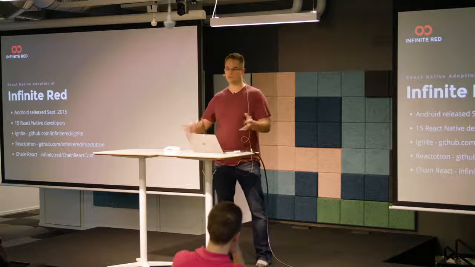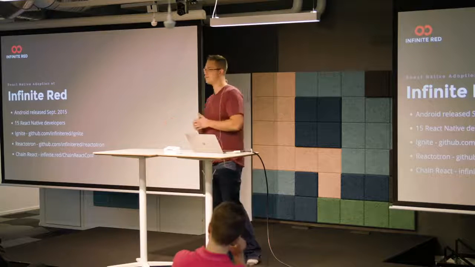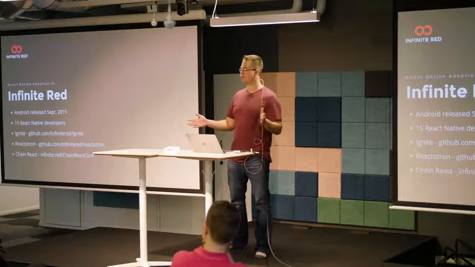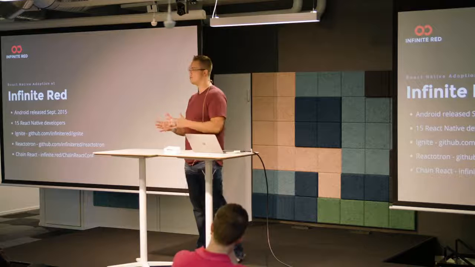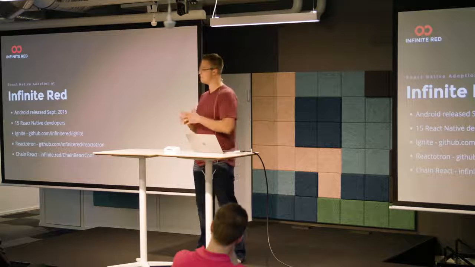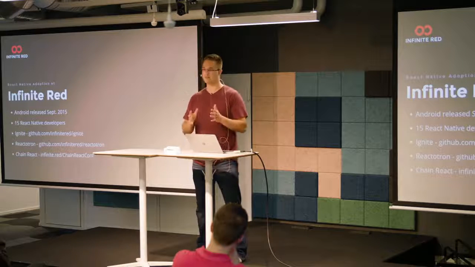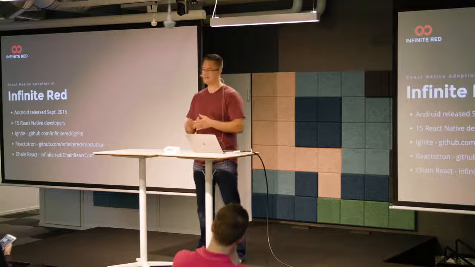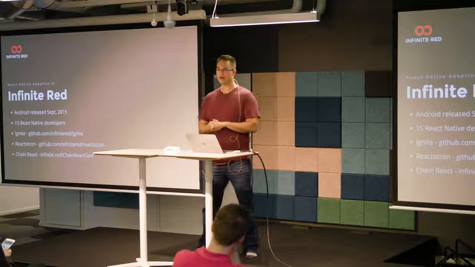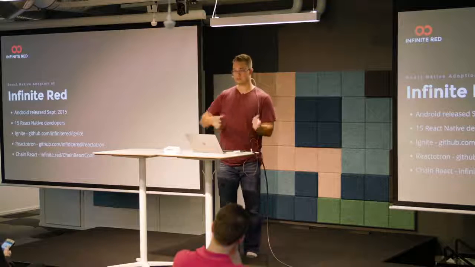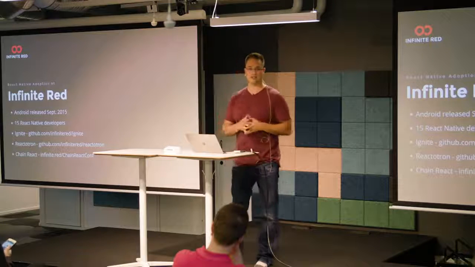It's a boilerplate for spinning up a new React Native app, and it comes with all of Infinite Red's opinions built in, all of our learnings over the last 3.5 years. You're going to get the benefit of that. What it typically does, I think the quickest way to explain it, is it fast forwards your new project, your new app that you're building in React Native, by about 2 to 4 weeks. So you just land wherever you would have been in 2 to 4 weeks.